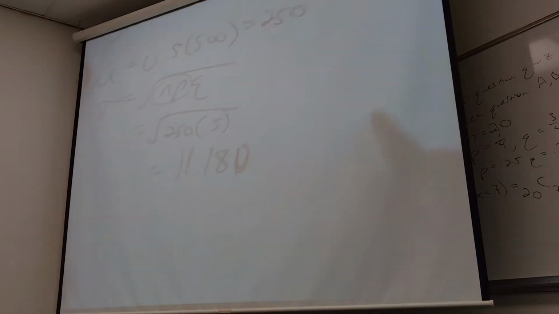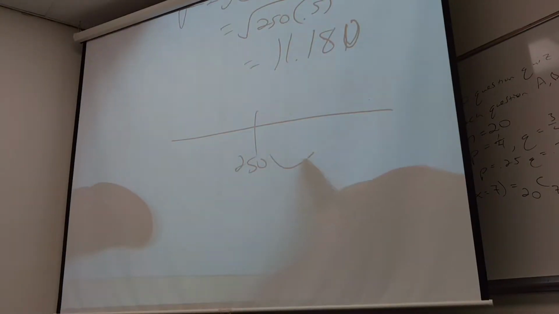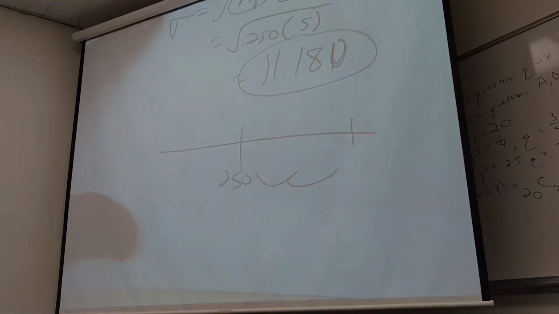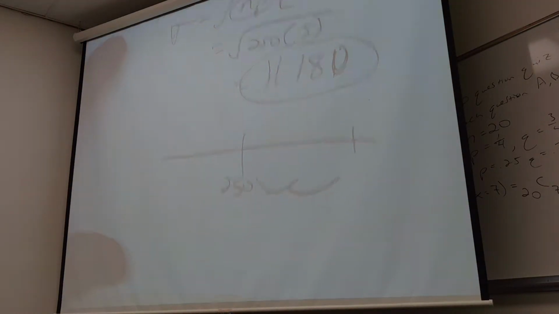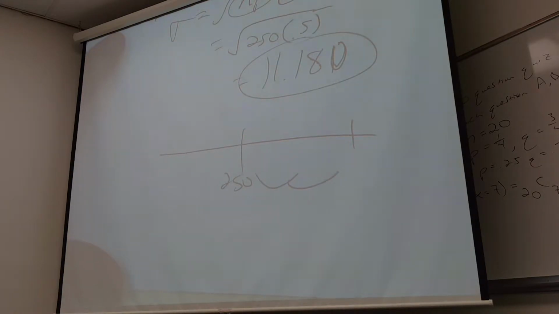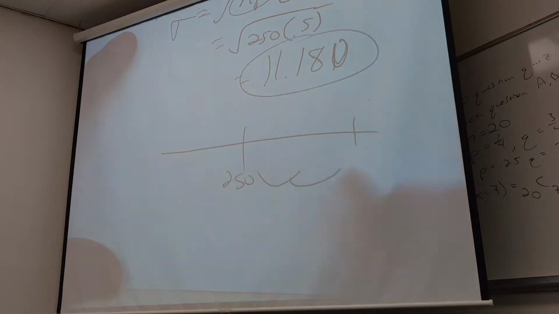If I start at the mean, which is 250, and then go up 2 of these, the most heads I would expect out of 500 flips would be how many? Well, 250 plus 22 point whatever. So it'll be 272.36.